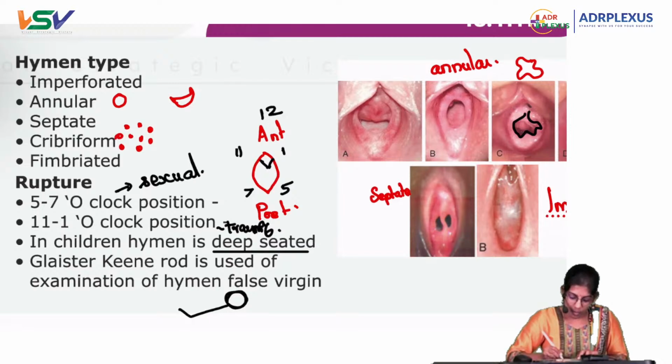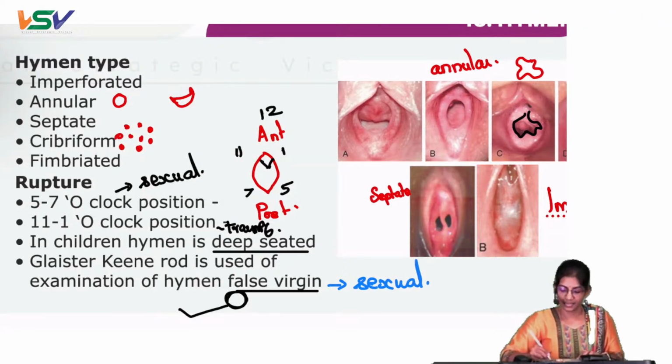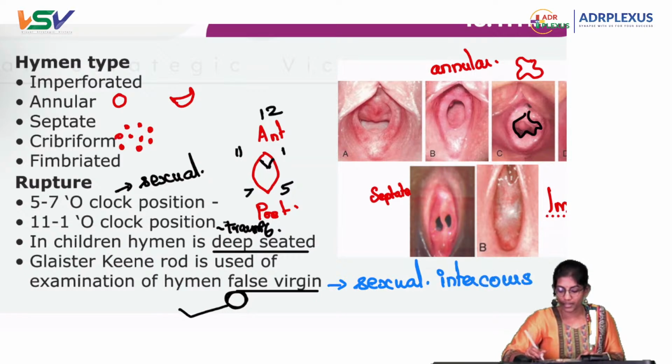So we have to know what is the term false virgin. False virgin means they have had sexual intercourse, but still the hymen is intact.